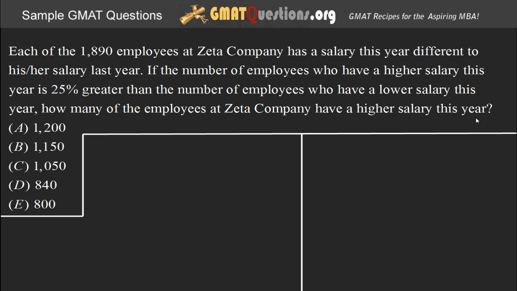Great. So this is a percentage question, comparing two entities that add up to a total. If you look at the percentage questions we've done so far, we tend to stay with percentages. Occasionally, we had to change the percentages into fractions, into ratios.